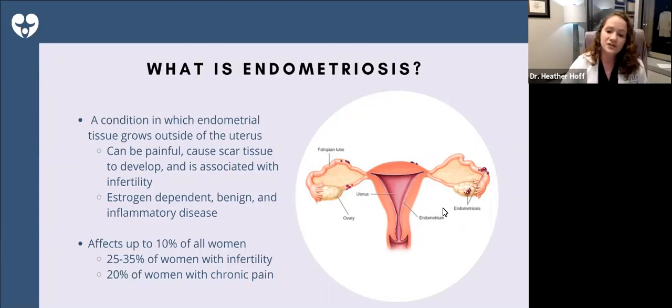The endometrial implants that occur outside of the uterine cavity will basically go through the same process that the endometrial lining normally does in the cycle. This tissue will also thicken, break down, and bleed.